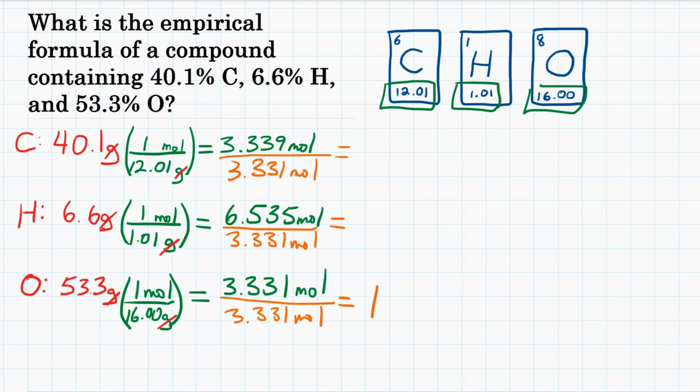We'll solve for the other two, and we will get 1.002 for carbon, and for hydrogen, we will get 1.962. Final step is to round to which numbers these should probably be. 1.002 is pretty much 1, and 1.962 is pretty much 2.